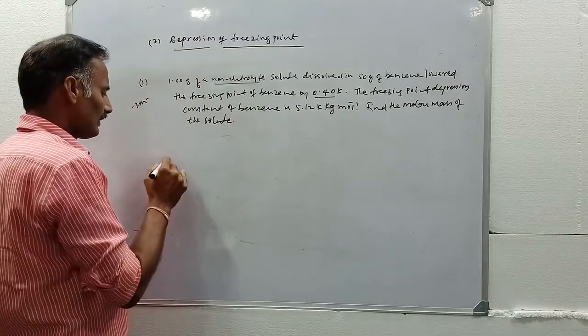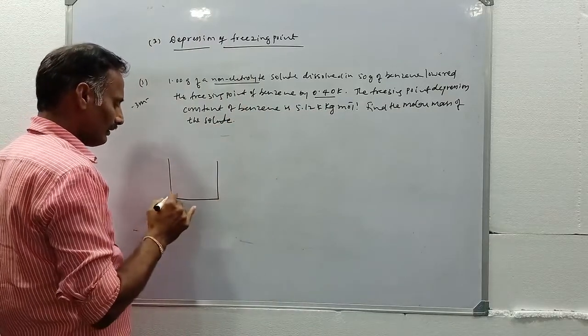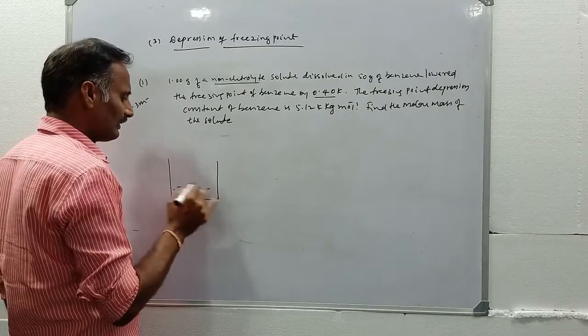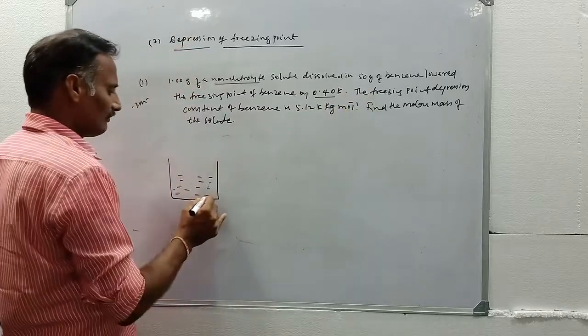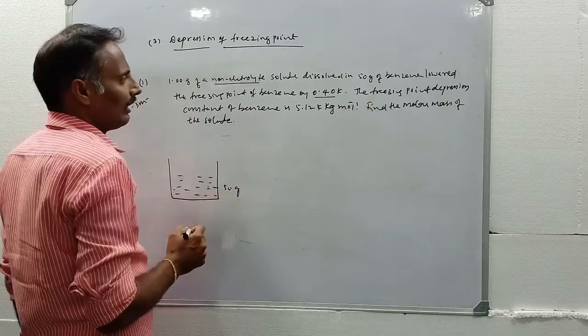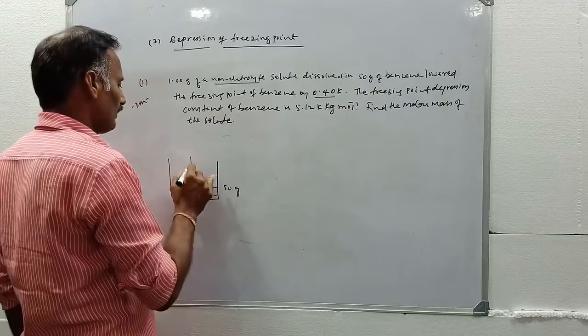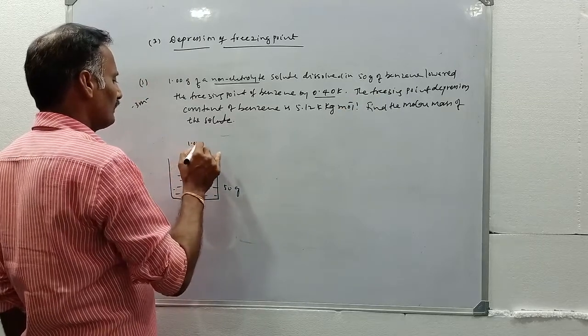That means here you have benzene. How much benzene is taken? Here benzene is 50 gram, and for this 50 gram of benzene, we are adding 1 gram of solute.